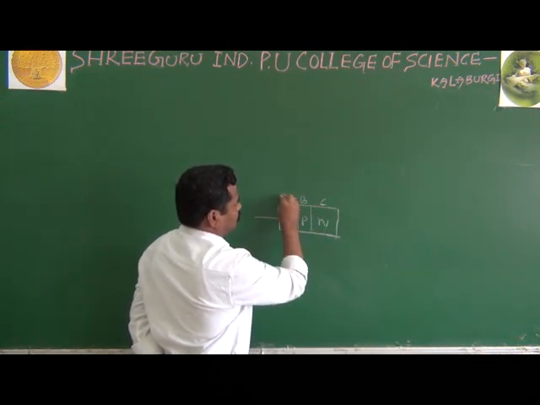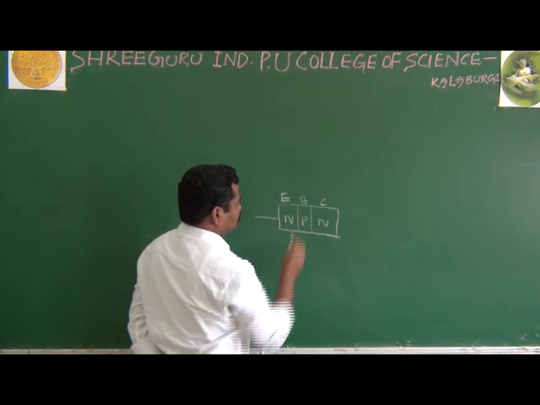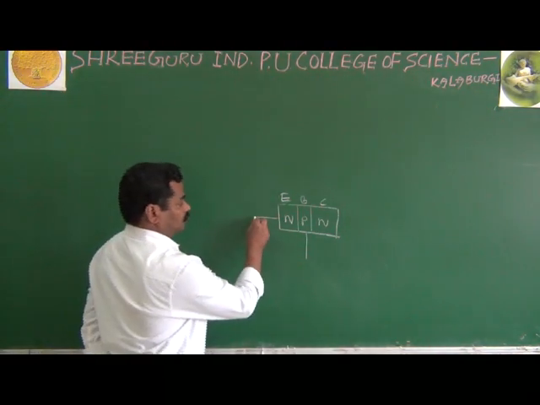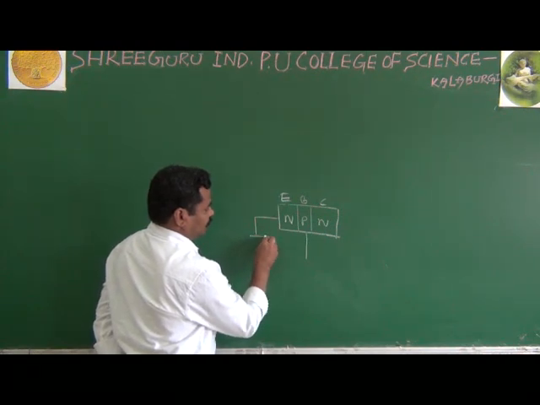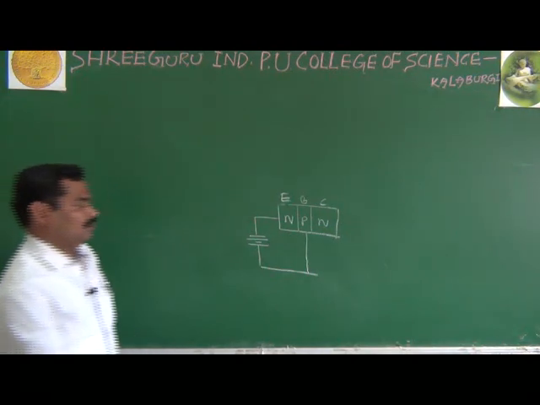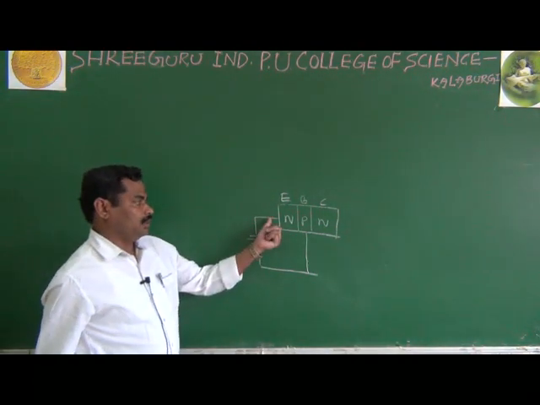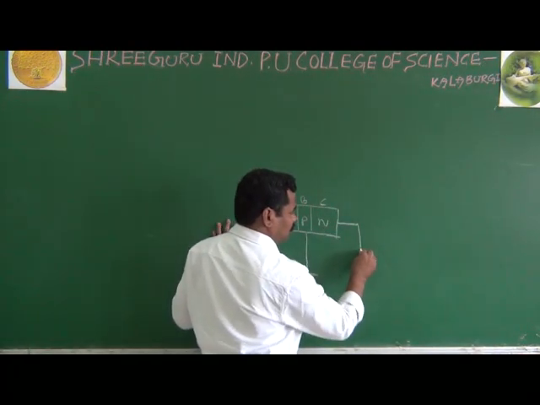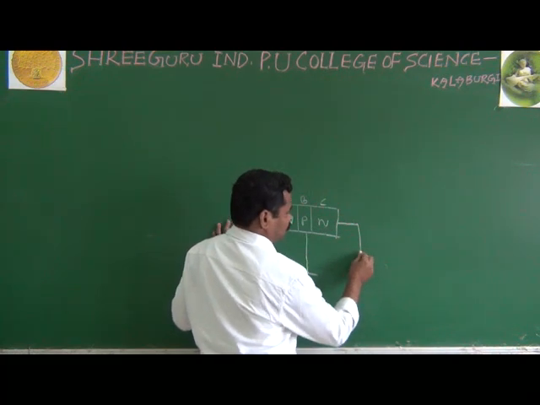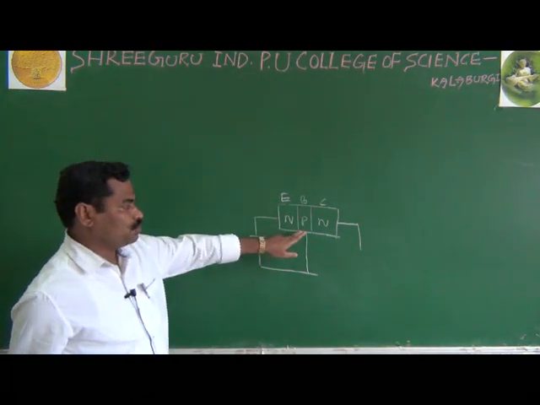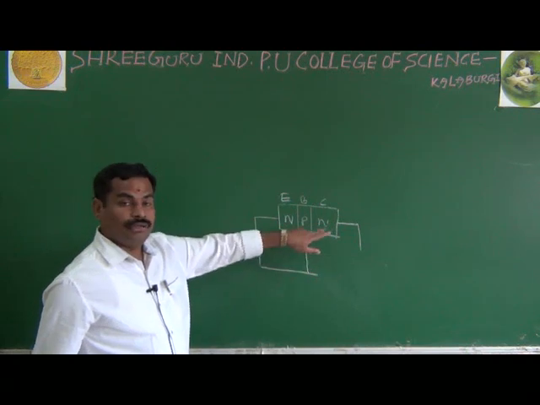Emitter, base and collector. To make the input forward biased, what do you have to apply? You have to apply the negative of the battery, or negative voltage, to the N-type semiconductor. Then the emitter base becomes forward biased. The condition is that for the transistor to conduct, the emitter base should be forward biased and the collector base should be reverse biased.